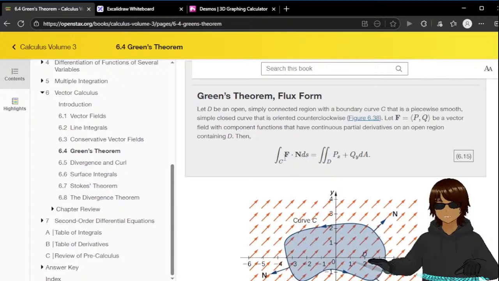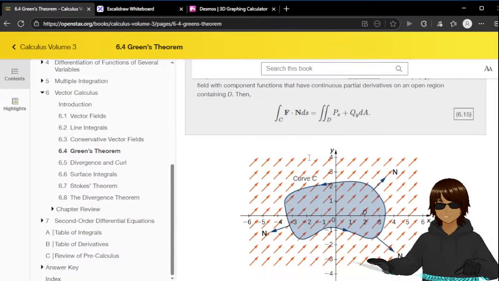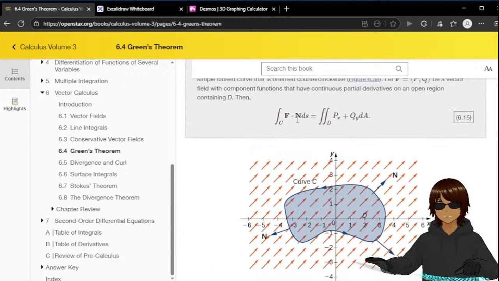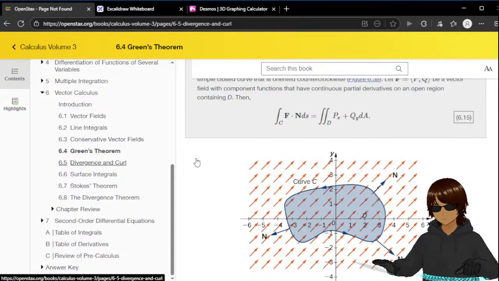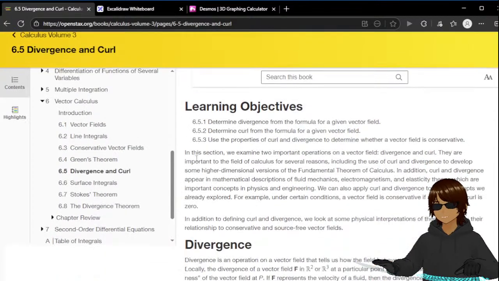Then they had the flux form as well, where instead of the tangent, we are using the unit normal vector. And in order to find this vector integral, use a double integral in this region with Px plus Qy. Those were the two main things they taught us.